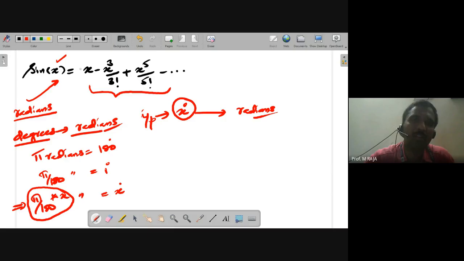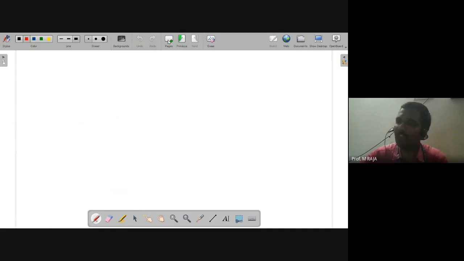Second thing, how to evaluate this right hand side, x minus x cube by 3 factorial plus x power 5 by 5 factorial minus, etc. That is the question. We have the terms.